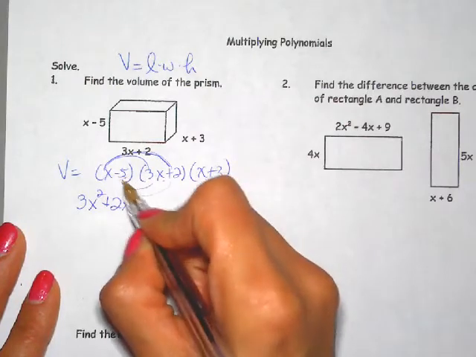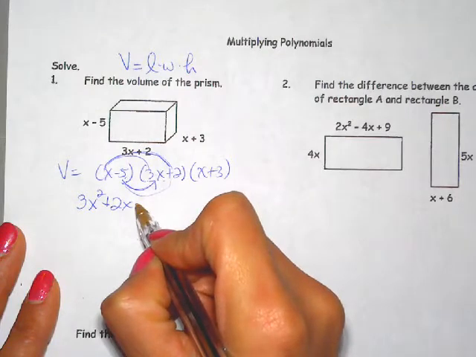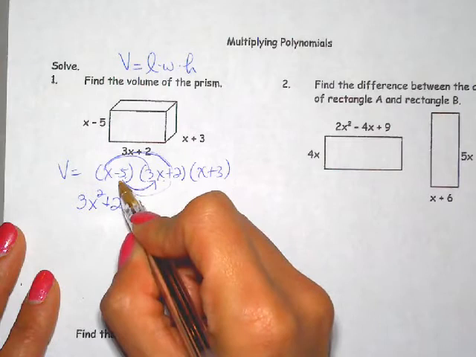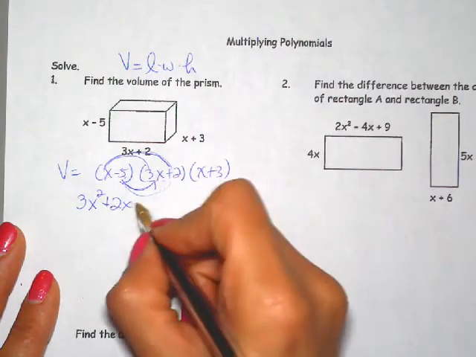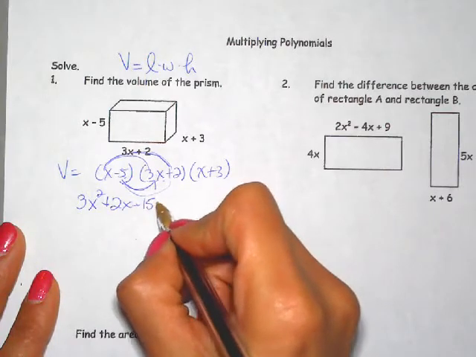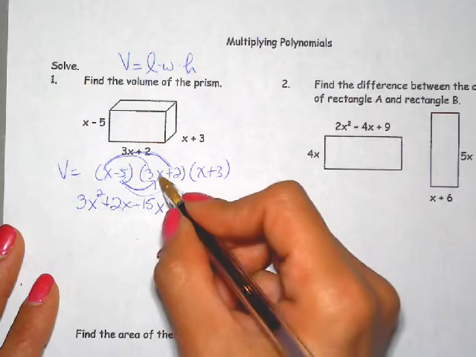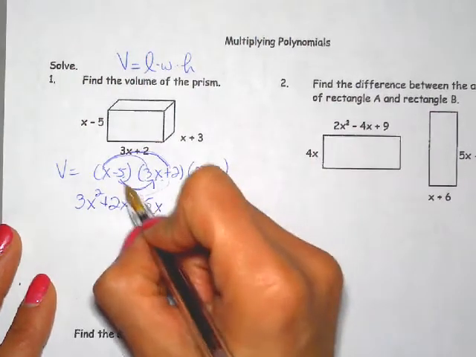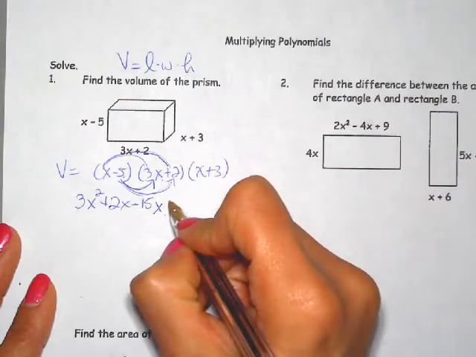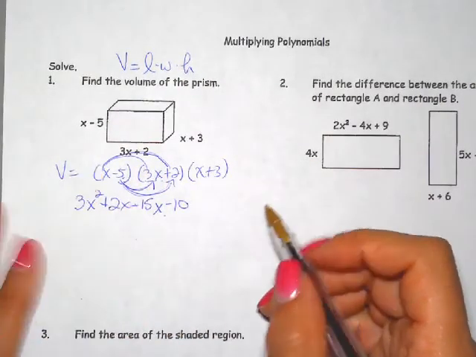Negative 5 times 3x, Michael? Negative 15x. Then, Monica, negative 5 times 2? Negative 10. Alright, so that takes care of the first two binomials.